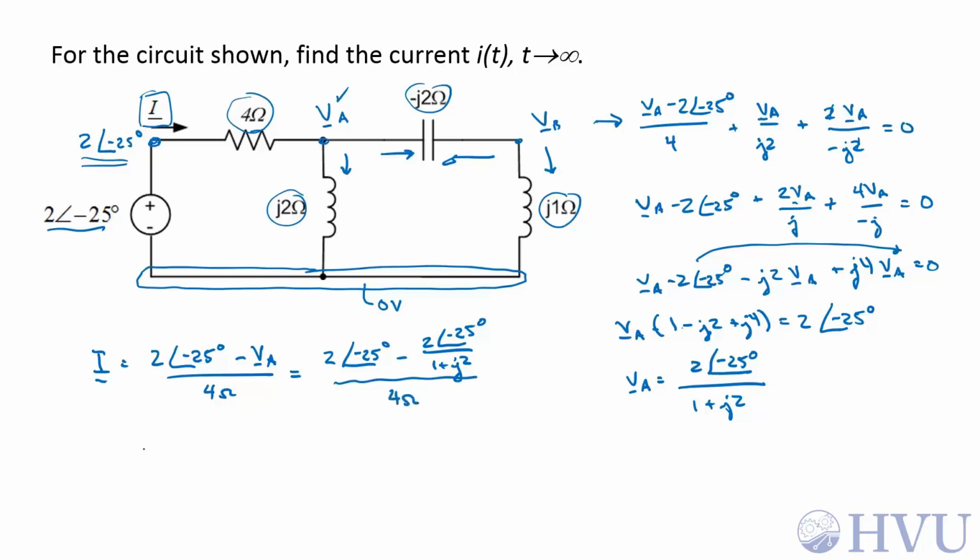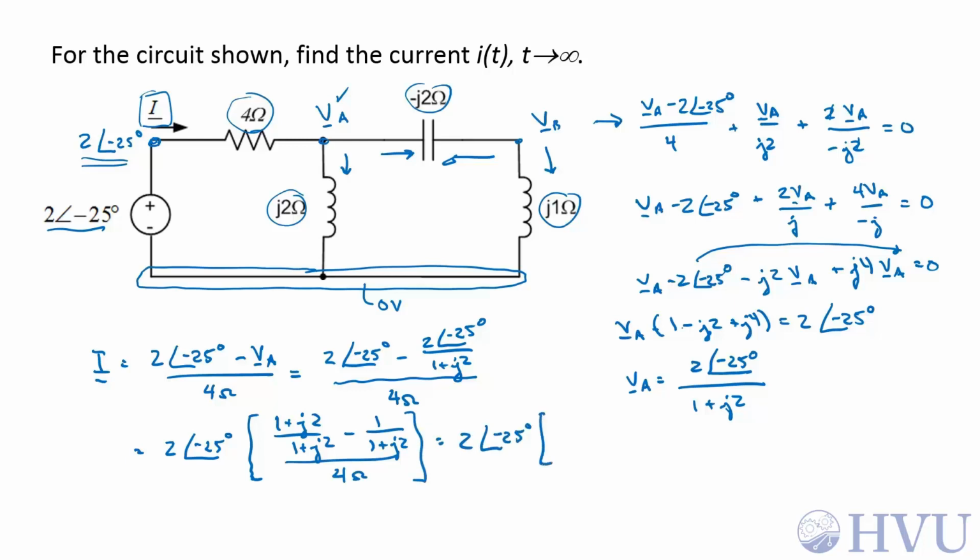I can factor out this 2 at an angle of minus 25 degrees times, let's see, this becomes multiplied by 1, so this is 1 plus J2 over 1 plus J2 minus 1 over 1 plus J2, all over 4 ohms, which is 2 at an angle of minus 25 degrees times 1 plus J2 minus 1, which just becomes J2, over 1 plus J2 times 4.